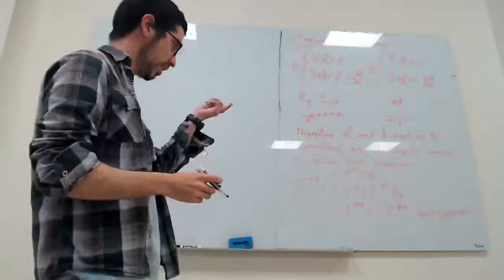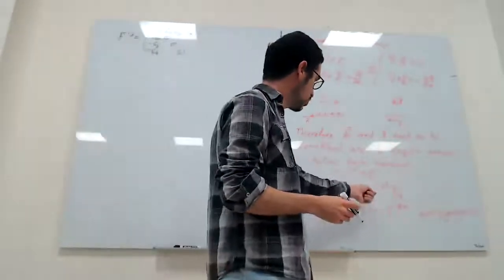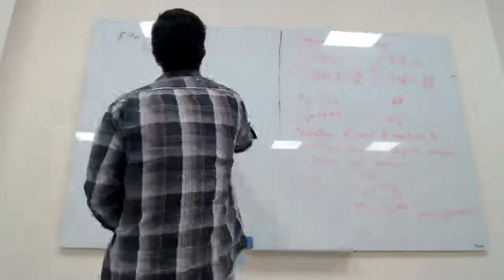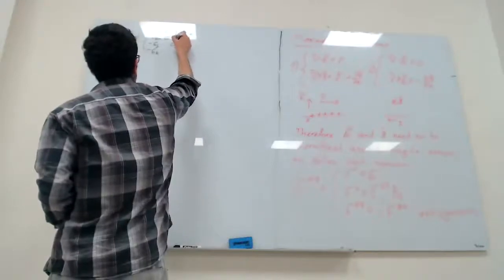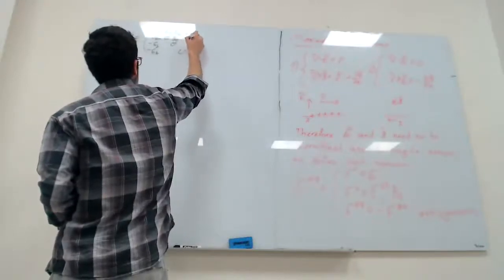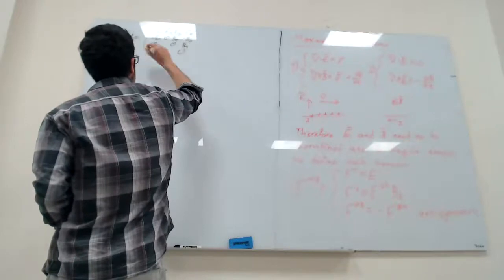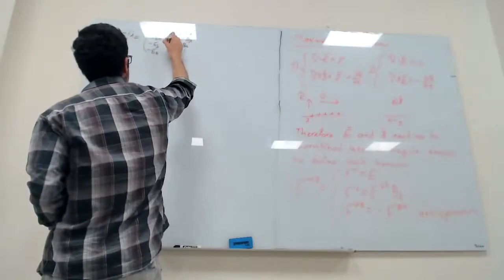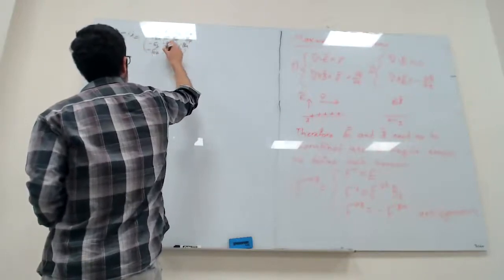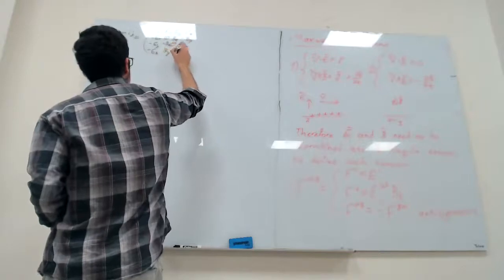Now let's take 1, 2, 1, 2, 3, Bz, minus By, Bx. Here we have minus Bz, By, minus Bx.